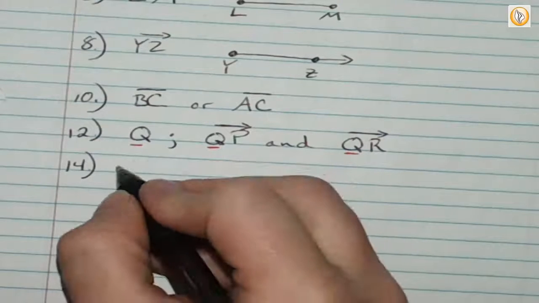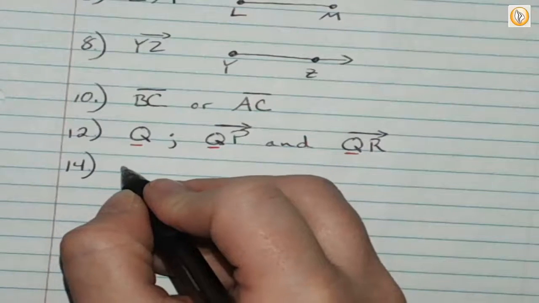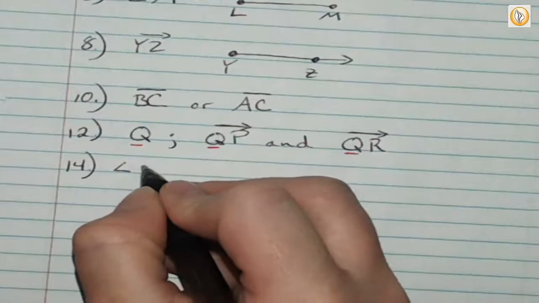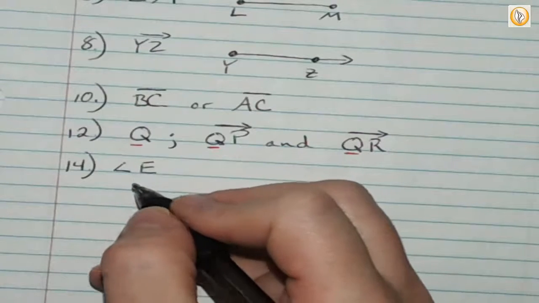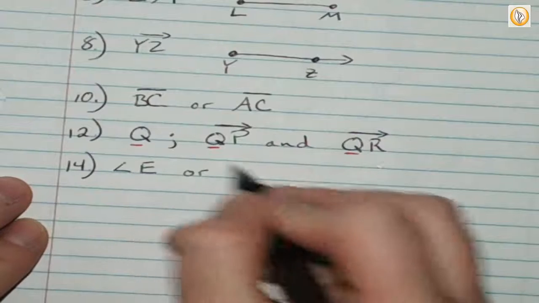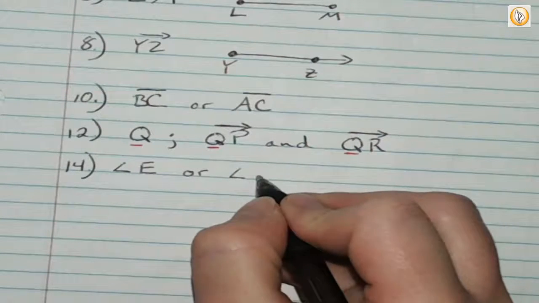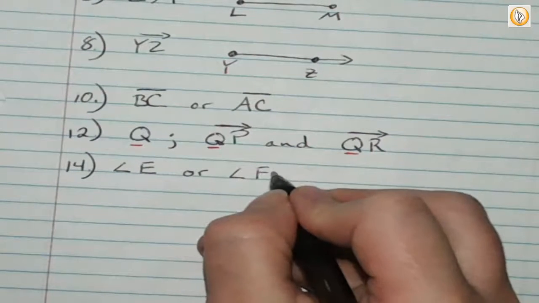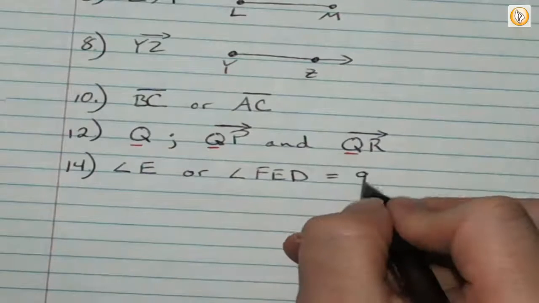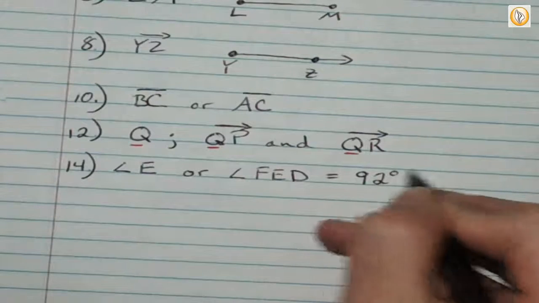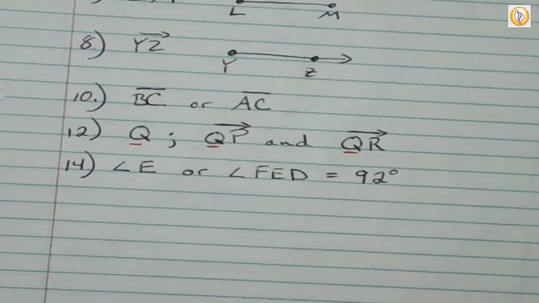So you would write it as angle E, or you can say angle FED equals 92 degrees. How do you do it?